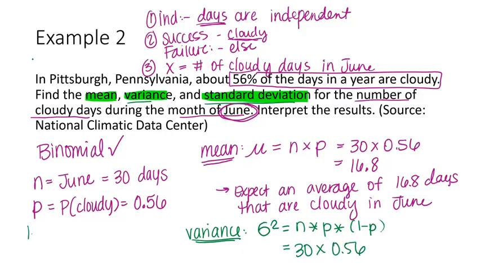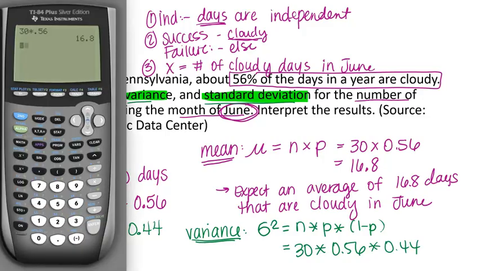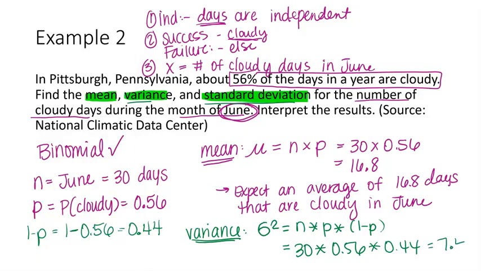The only thing we don't have yet is the probability of a failure. 1 minus 0.56 is 0.44. So the variance, 30 times 0.56 times 0.44, let's round to 1 decimal, 7.4 variance.